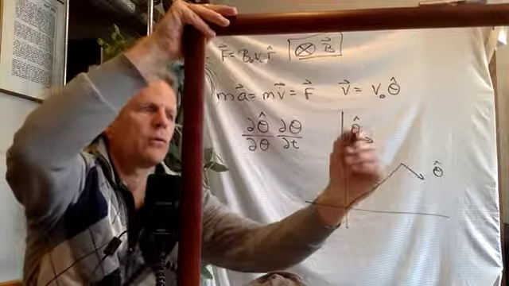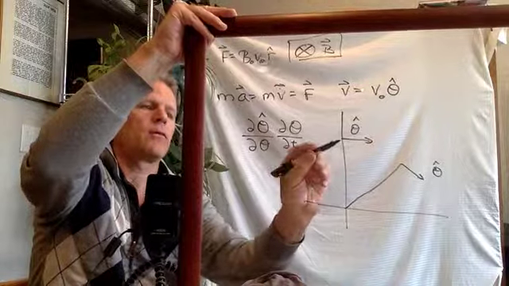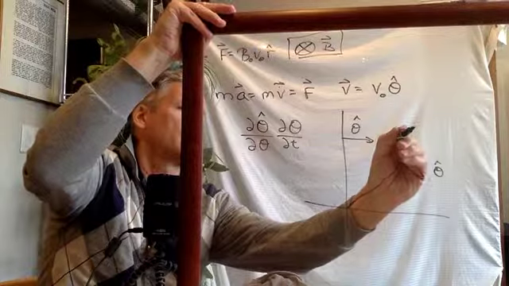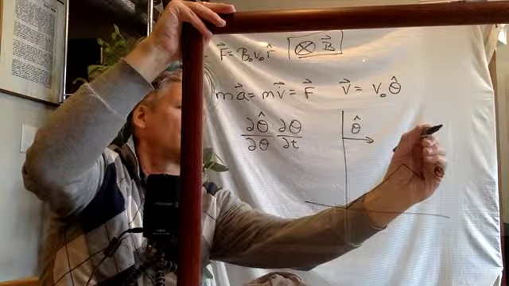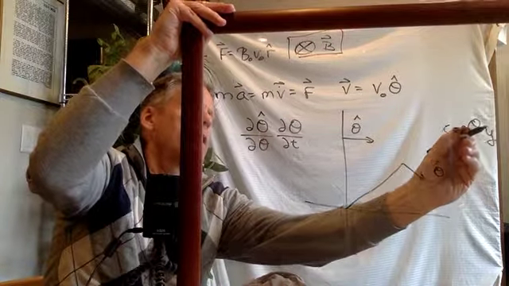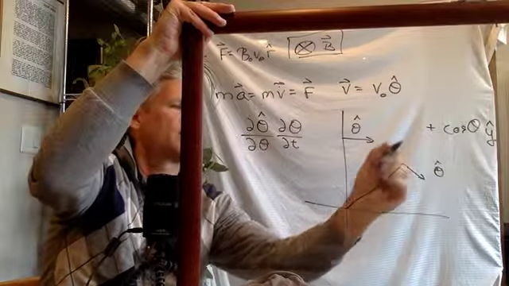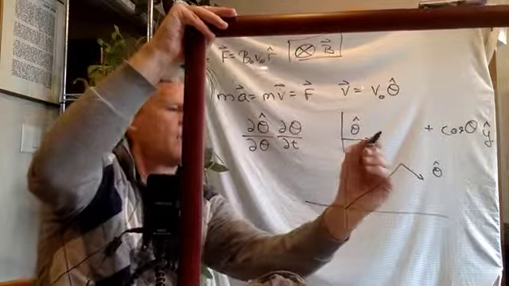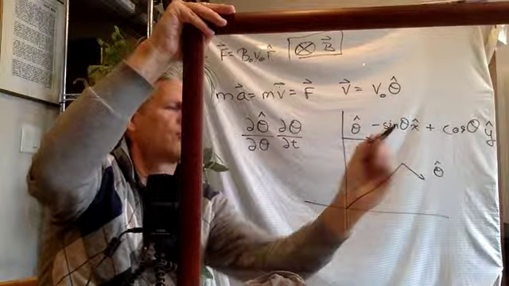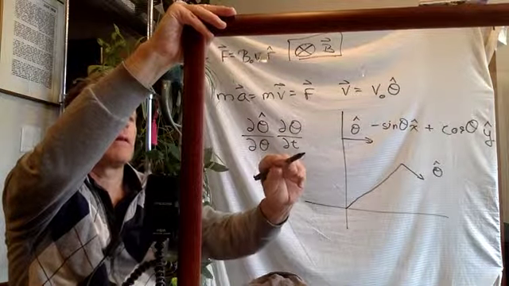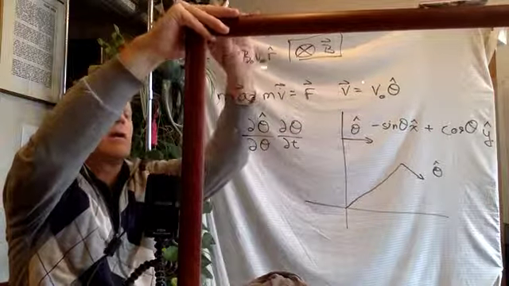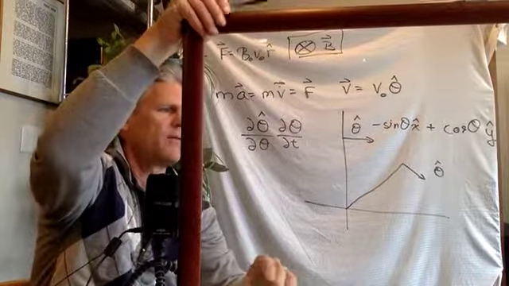And if you do that, you will see that theta hat is, let's see if I can get this right here. Here's theta equals 0, so it is cosine theta in the y hat direction, and that's plus, and it is minus sine theta in the x hat direction. And if you do that, you can then figure out what this d theta hat d theta is just by doing this. But we're going to just look at it kind of qualitatively right now.